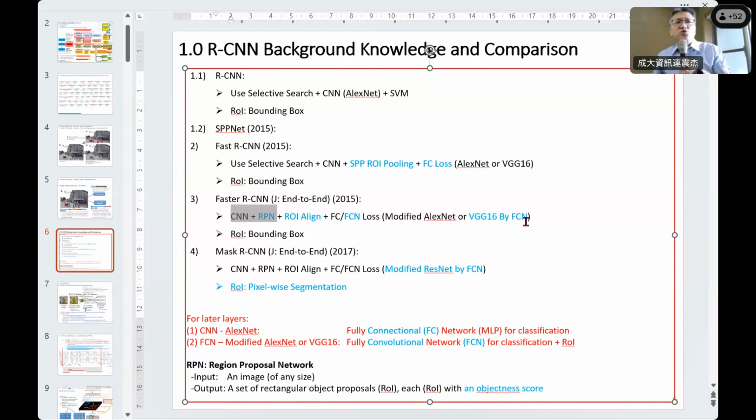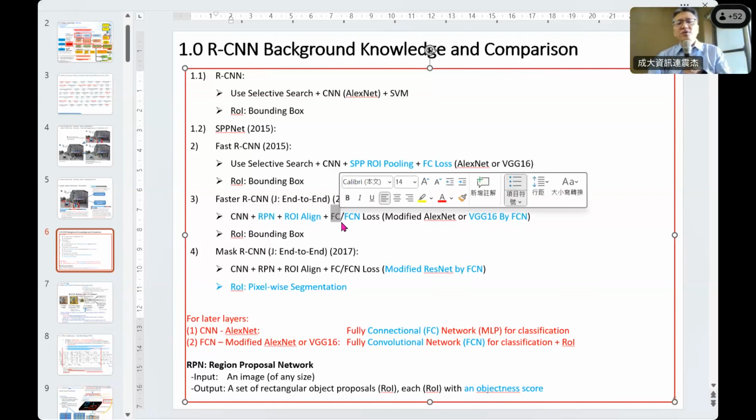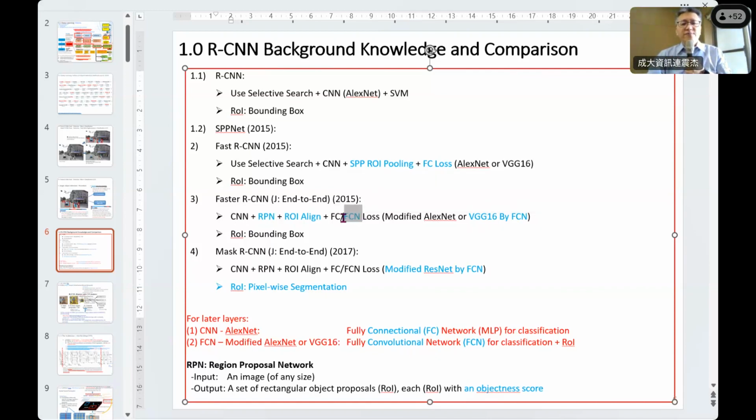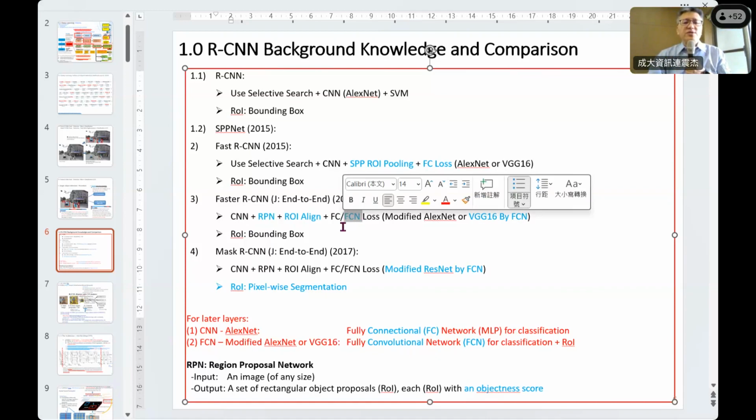Sometimes we call it a graph, G-R-A-P-H. You have a node, have a connection, right? That's a graph. So they have a CNN, RPN, and a fully connected neural network. But here, the same problem, because they want the input image size to be random, can be any.